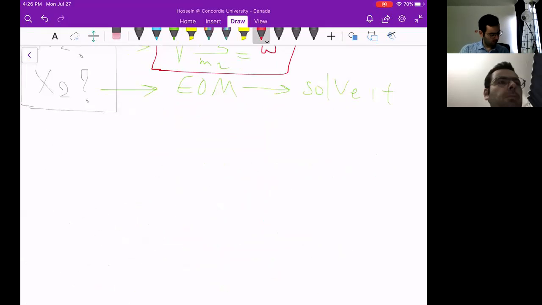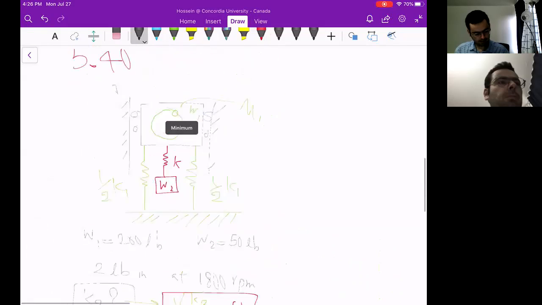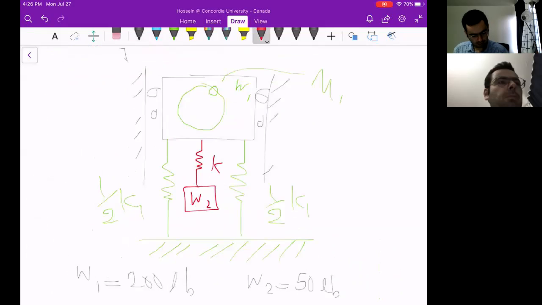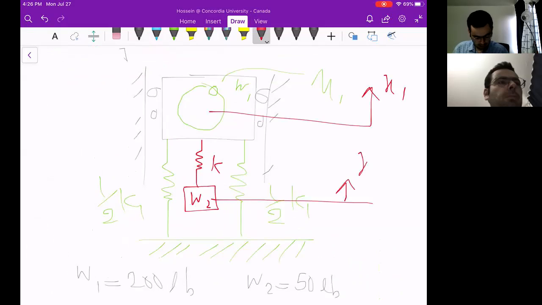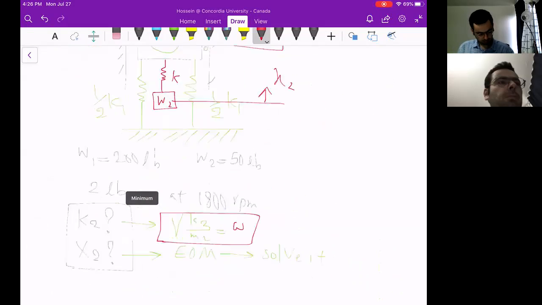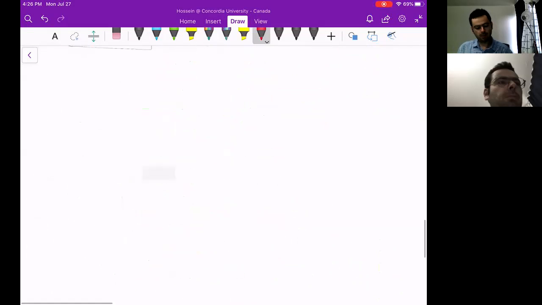So in order to derive the equation of motion, suppose that this is X1 and this is X2, and you could take advantage of Newton's second law.